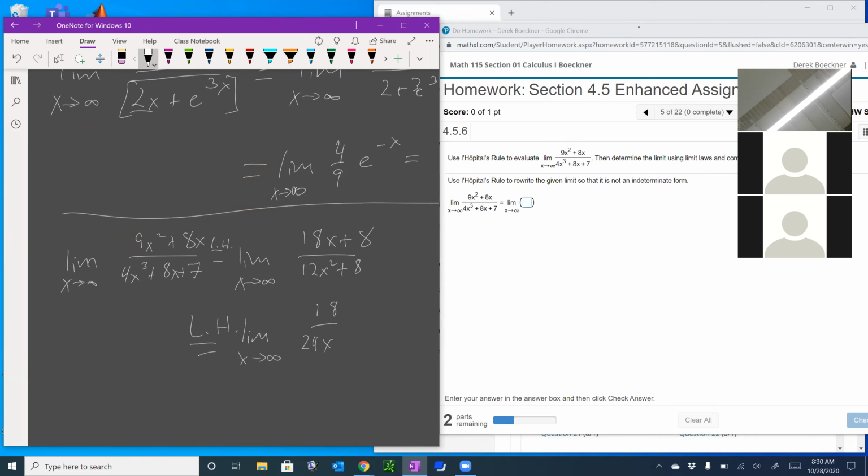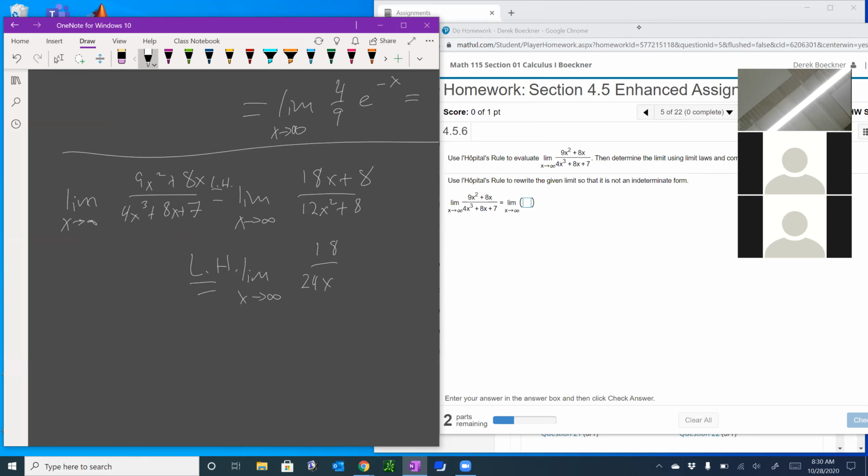This no longer looks like infinity over infinity, so I can't use L'Hopital's rule anymore. But the numerator is fixed at 18, the denominator still goes to infinity, so a fixed number divided by infinity goes to 0.